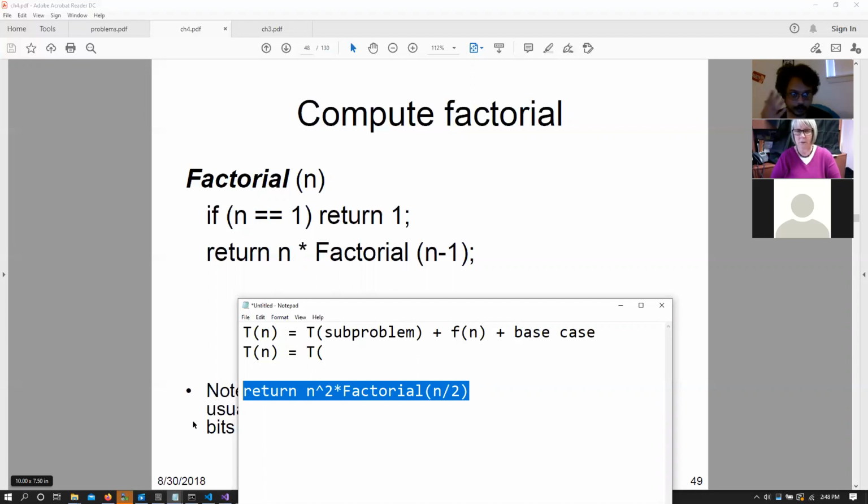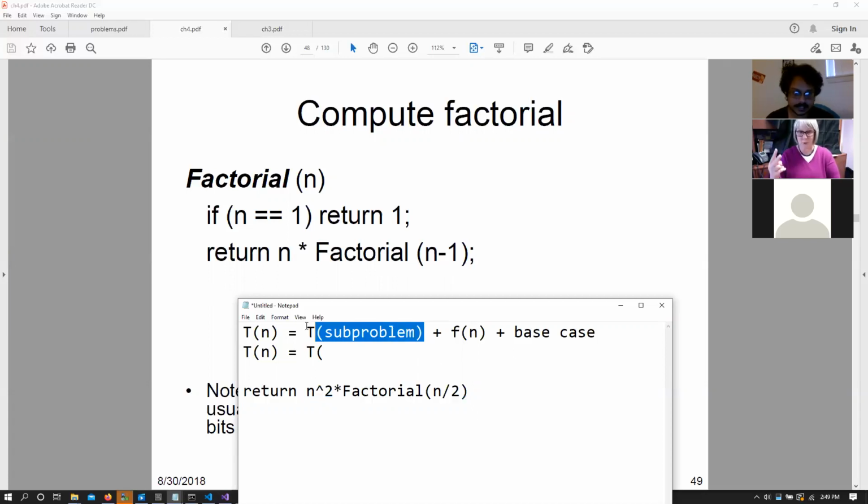Come on, everyone. I need you to type the answers for this. I just have 4 answers. There are how many students? 42 students. So come on, I need more answers. The question is, if I return n squared times factorial of n by 2 instead of this line, then what is the subproblem size?